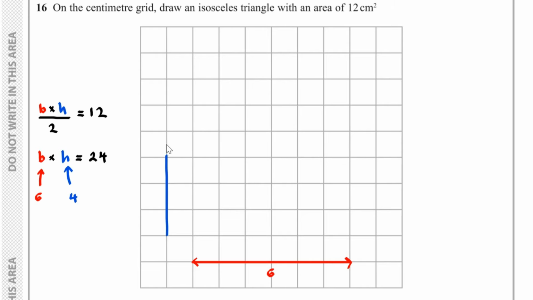So I want a height of 4. So when I come to draw my isosceles triangle, here is the base, and the height is 4, and therefore here is our isosceles triangle with an area of 12 centimeters squared.